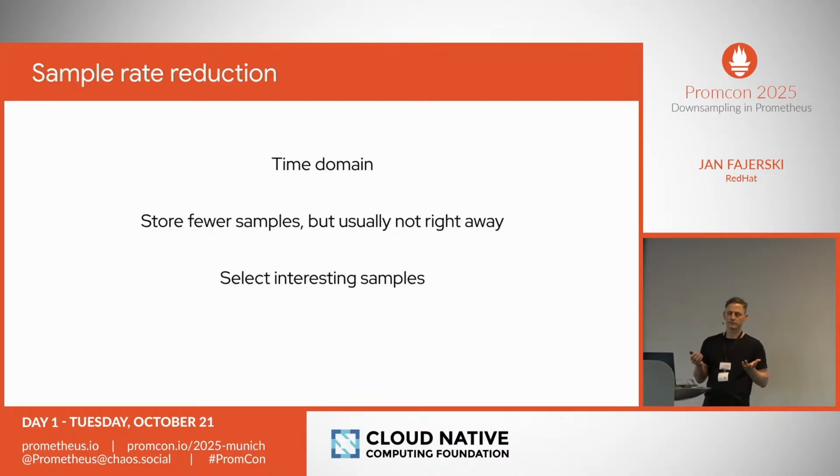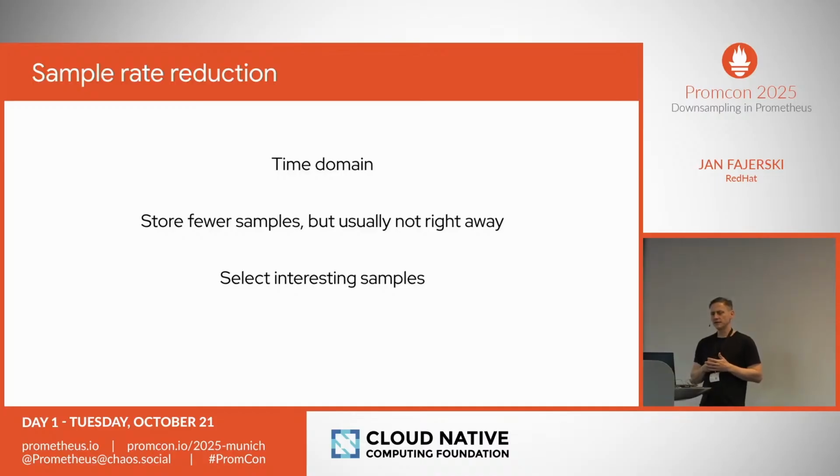You want to save some data storage, right? But maybe you don't want to do this right away usually. So there's usually a delay expected. For a day or two, you want to have the full resolution, and then later you want to have fewer samples. You might want to select interesting samples. We'll see what that could mean and what you can do there.